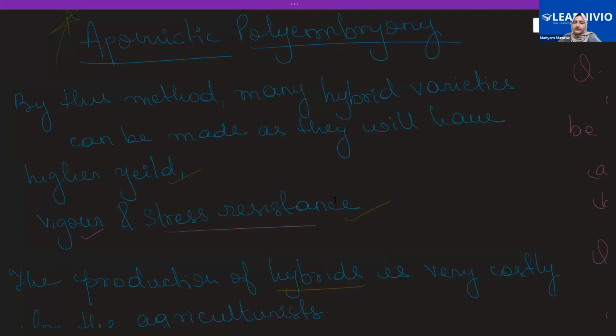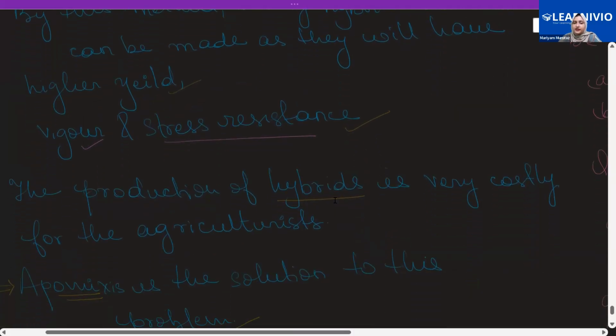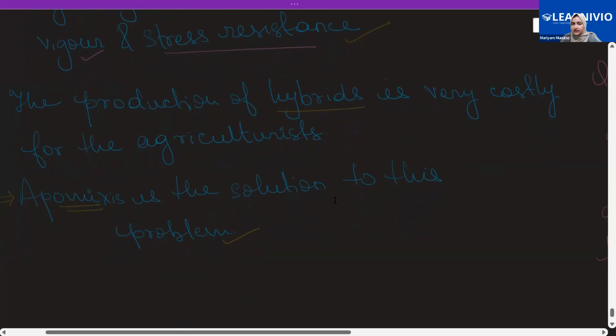And since it is done artificially, they will have higher yield, higher vigor and stress resistance. But the production of such hybrids is very, very costly. So apomixis is the solution to the problem.